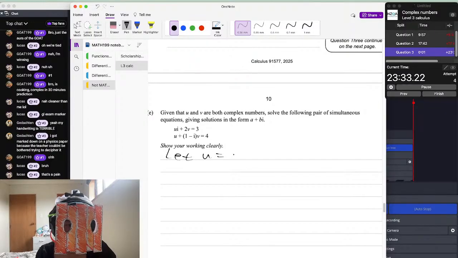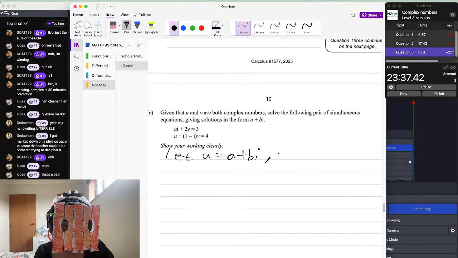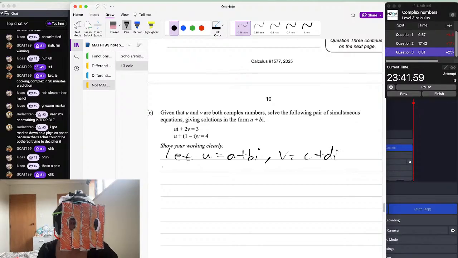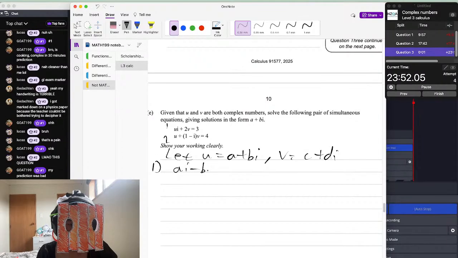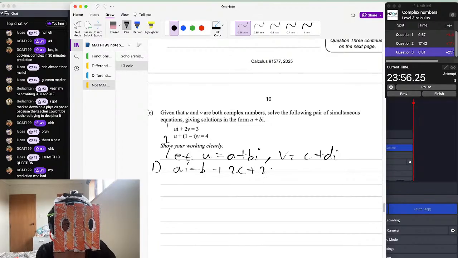We'll let u equal a plus bi, v equal c plus di, which gives us some ai minus b plus 2c plus 2di equal to 3.